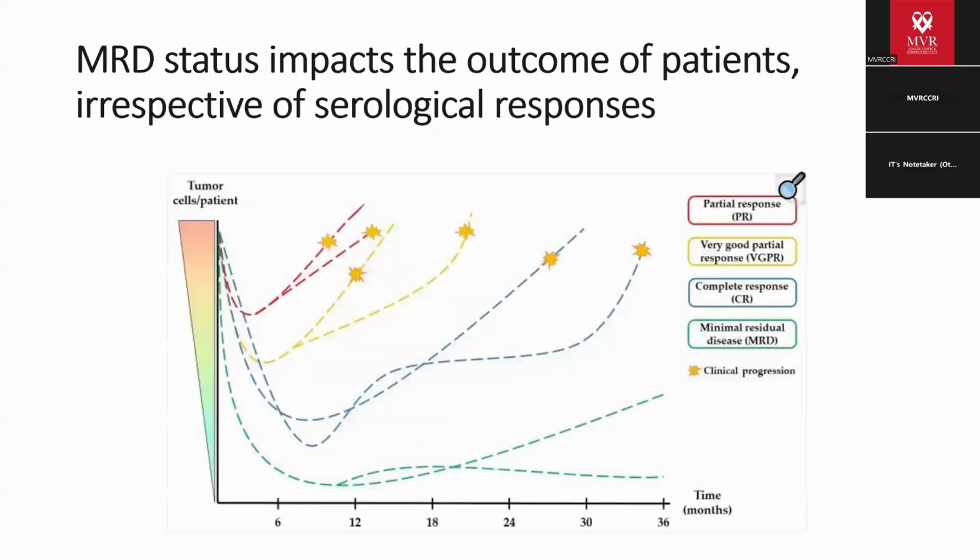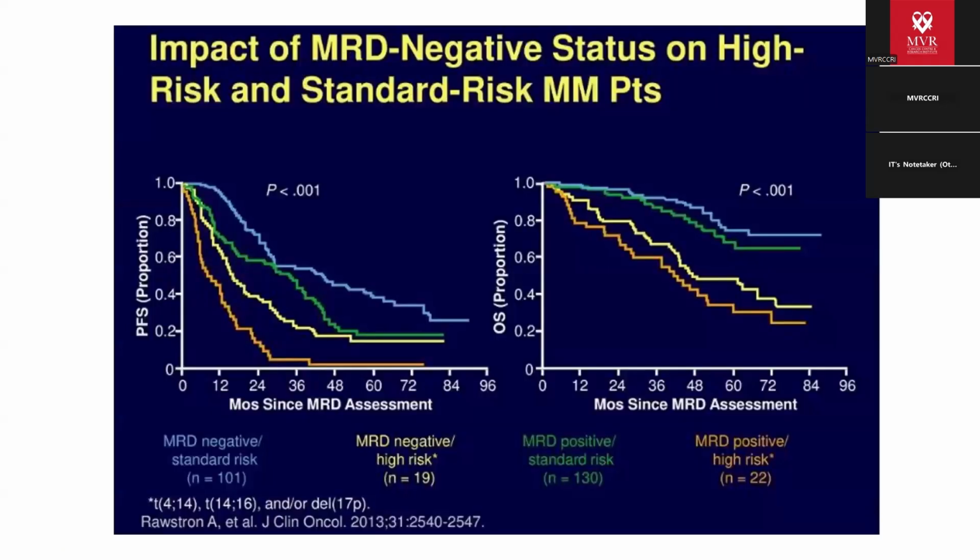If we see in this graph, the patients who achieve MRD negativity have a chance of clinical progression that is quite delayed compared to those who achieve partial response, very good partial response, or complete response. This was a study by Rawstron, where he studied the impact of MRD negative status in high risk and standard risk myeloma patients. The blue line is MRD negative in standard risk, and the green is MRD positive standard risk.